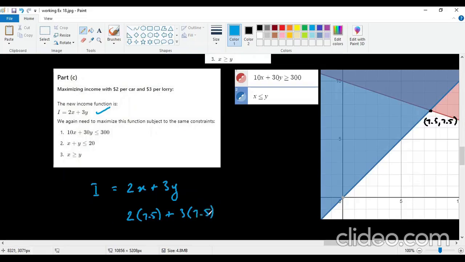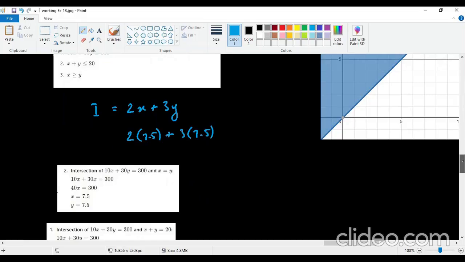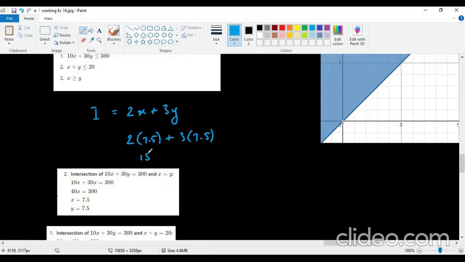So 2 times 7.5 is 15, and 7.5 times 3 is 22.5, and once we add it with 15, it's going to give us 37.5.